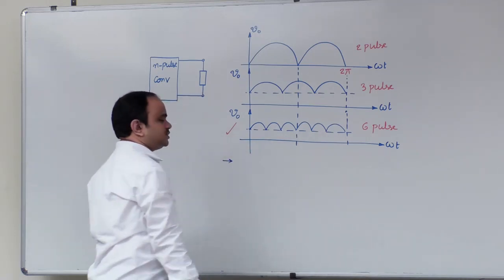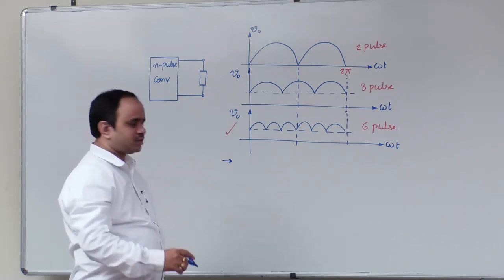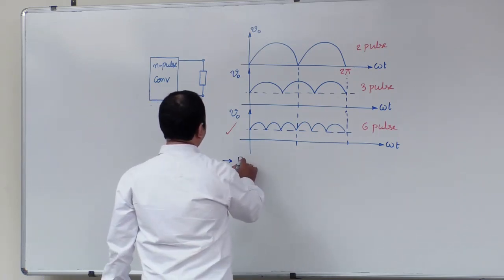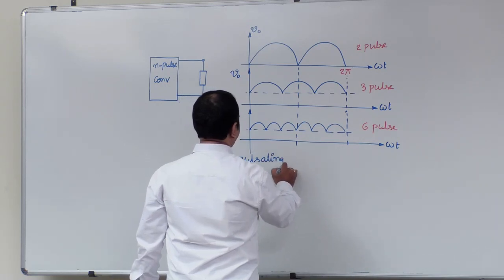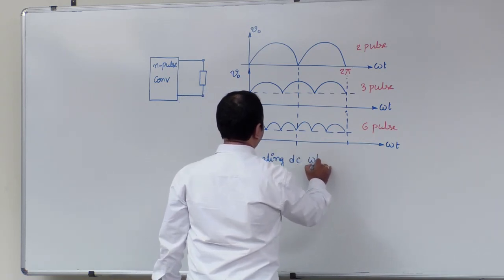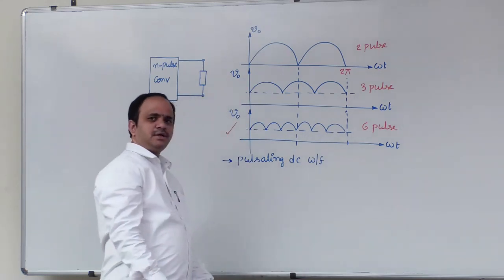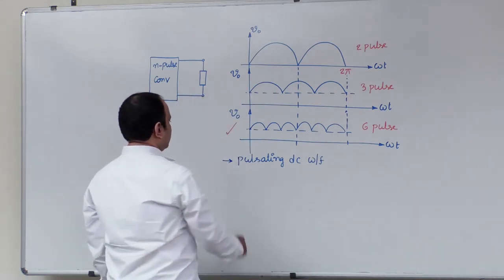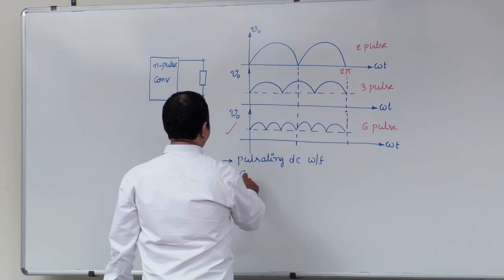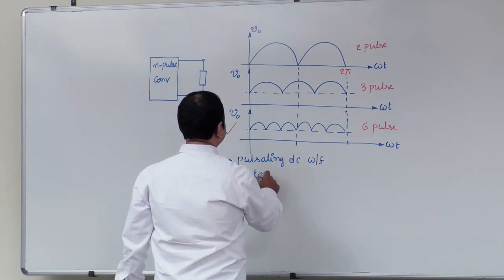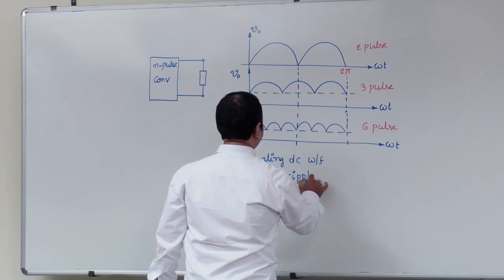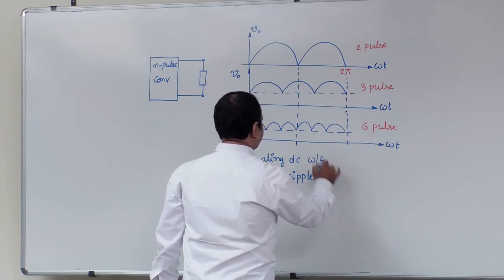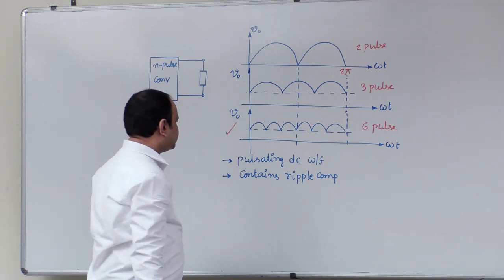At the first stage of rectification, output voltage will have pulsating DC waveform, right? What do you mean by pulsating DC waveform? It contains ripple component.